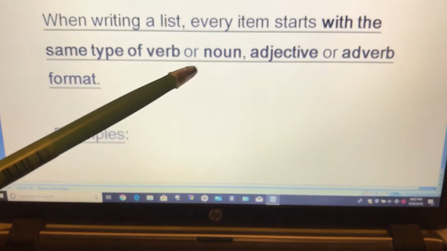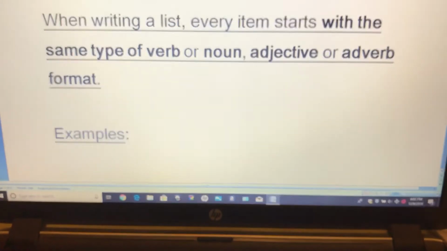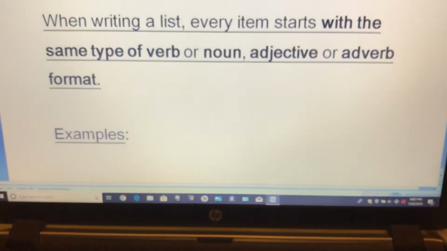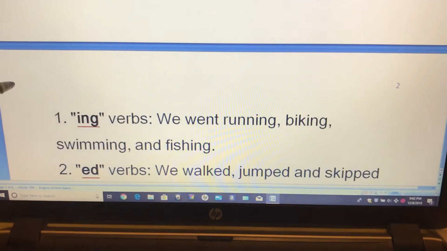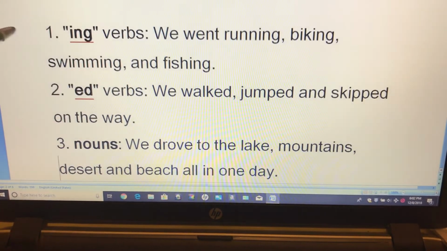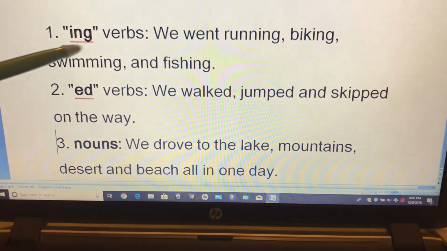and I'm sure you guys know what nouns, adjectives and adverbs are. So here are some examples of sentences that implement or use parallelism, okay? So here we see a gerund.